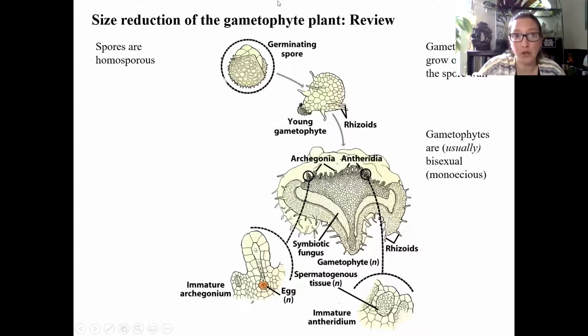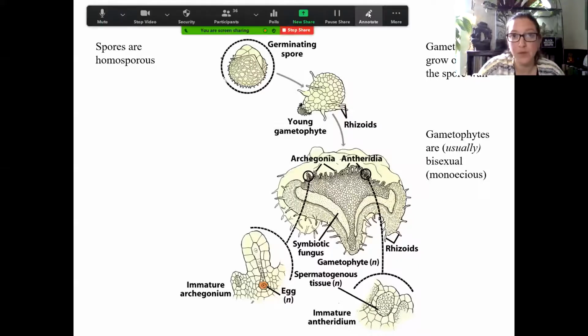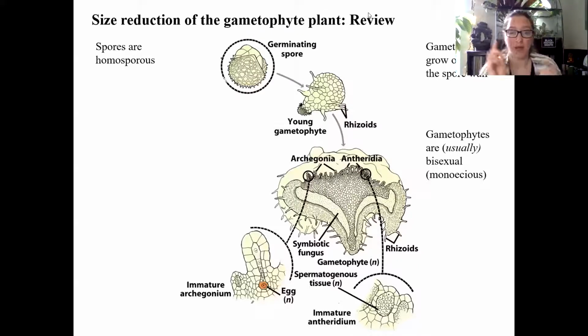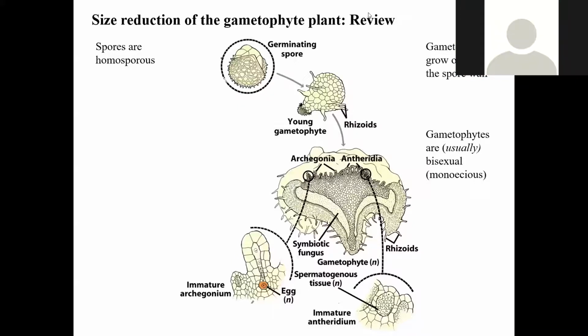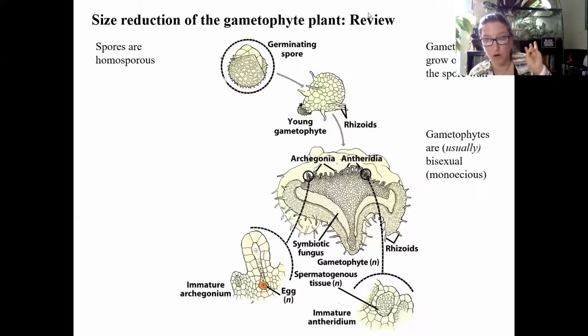So remember, all of the non-vascular plants have homosporous spores: moss, liverwort, hornwort, they all have homosporous spores. When you get to the vascular plants, Lycopodium has homosporous spores, and for the record, horsetails also have homosporous spores.